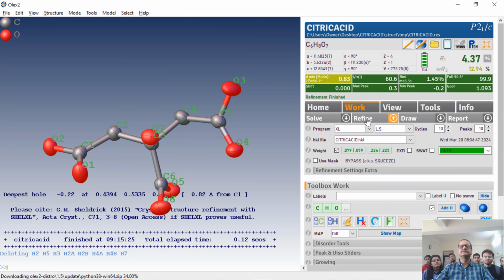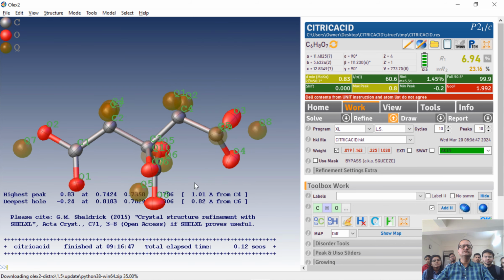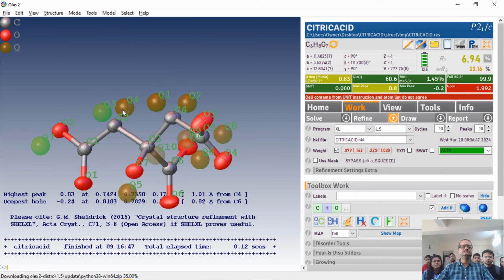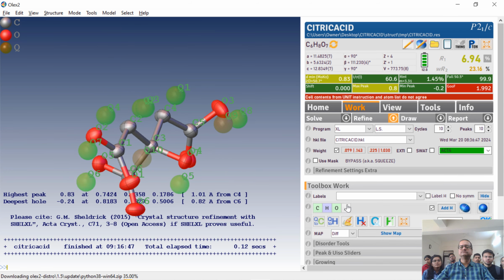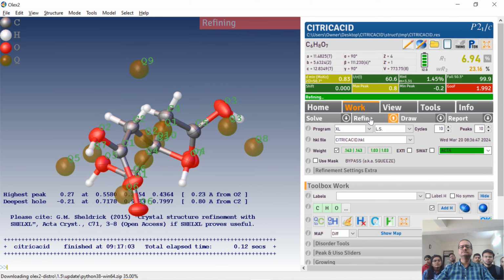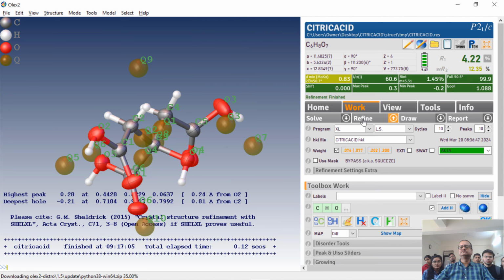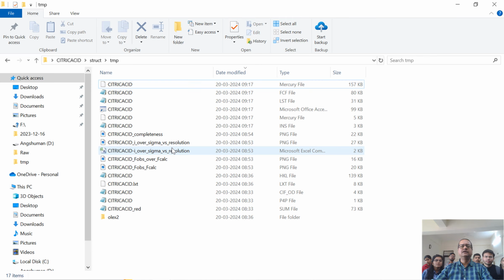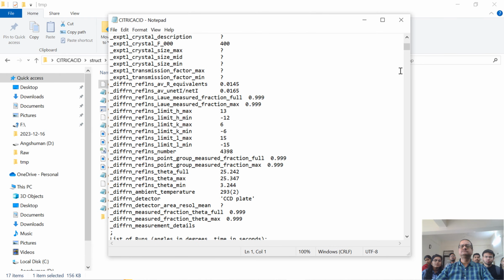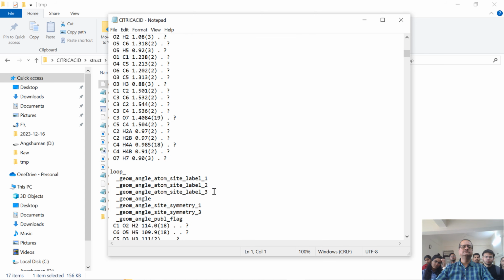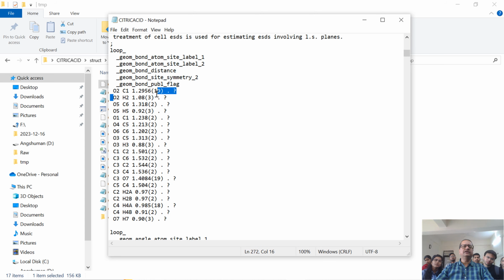You remove those hydrogens, add all the hydrogens, whatever appears, refine a few times, and go back to that Mercury file, that is the CIF file, and see here the bond lengths are not the same and have a standard deviation.